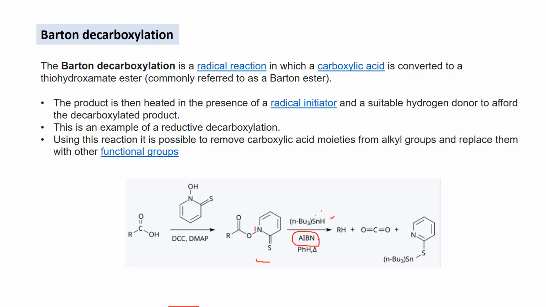This radical initiator will cleave this Bu3SnH to form a tin radical. This tin radical will attack this sulfur atom.